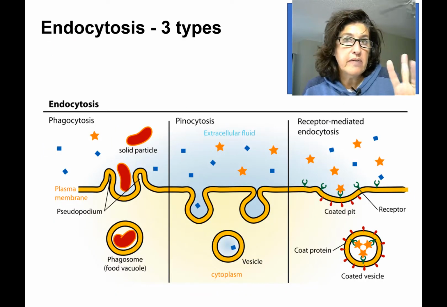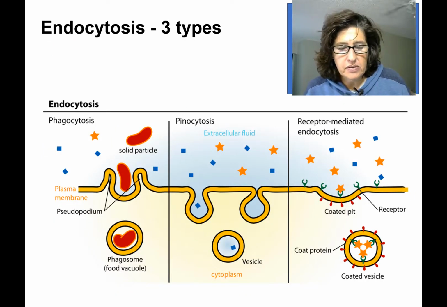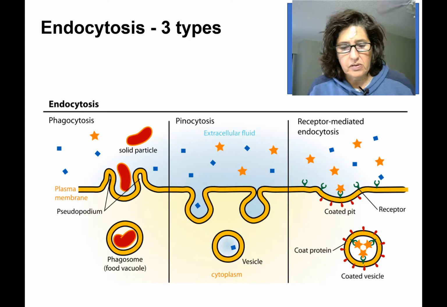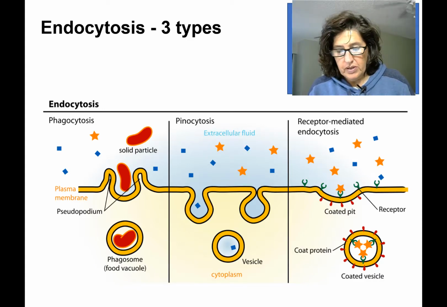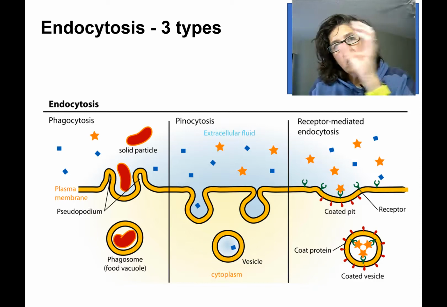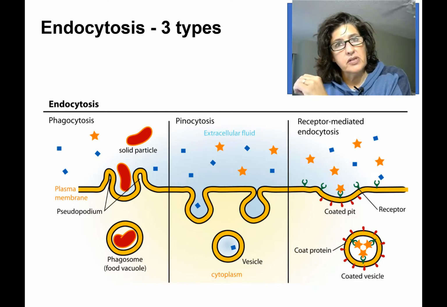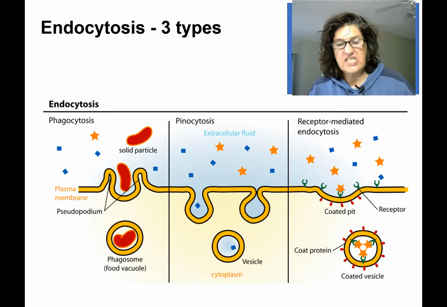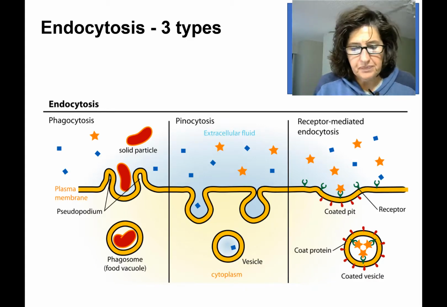Now, there are three different types of endocytosis: phagocytosis, pinocytosis, and receptor-mediated endocytosis. So let's talk about what the differences are. They're similar if you look at this diagram in that all involve vesicle formation and all are bringing molecules or stuff into the cell.